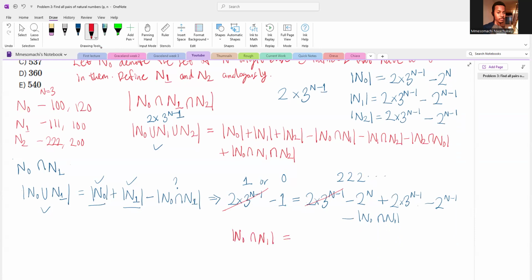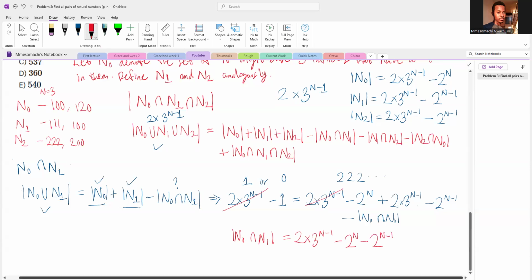This is equal to 2 times 3 to the power of n minus 1 minus 2 to the power of n minus 2 to the power of n minus 1, minus, okay, I've accounted for this, this, and this. So this becomes plus 1. We can simplify this further: 2 to the power of n minus 2 to the power of n minus 1 can be seen as minus 3 times 2 to the power of n minus 1.